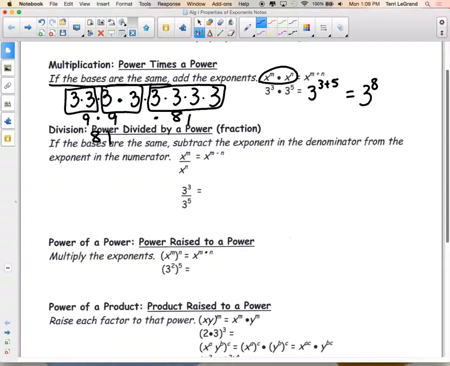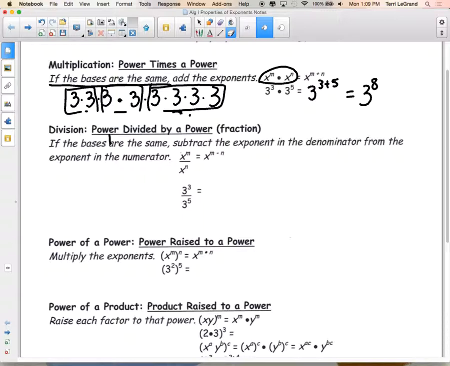Okay? Okay, let's go on to the next property, which says that we are going to do a power divided by a power. Or in other words, if you see a fraction. Because what does the fraction bar mean? Means divided by. We often say the word over, 3 over 4, but in reality it's 3 divided by 4.